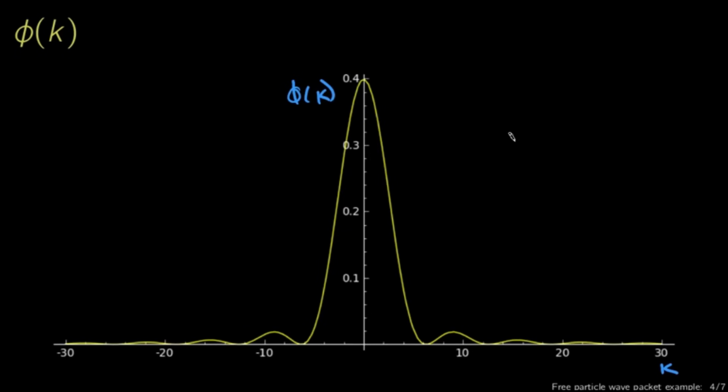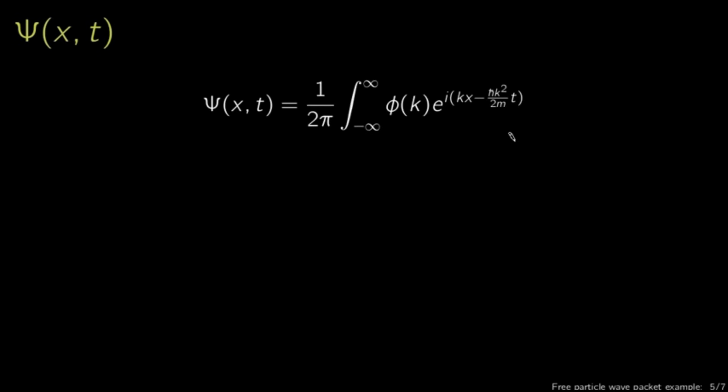Knowing what phi of k is, we can go back through taking the inverse Fourier transform to find out what psi of x and t is, because we know the time dependence of these traveling waves. The inverse Fourier transform then is going to give us psi of x and time, including the time dependence, in our traveling wave solutions now.